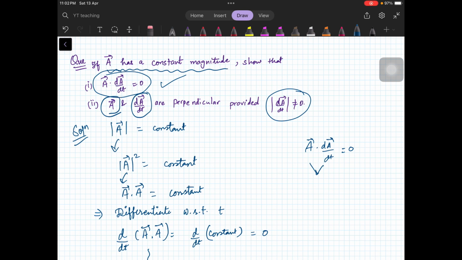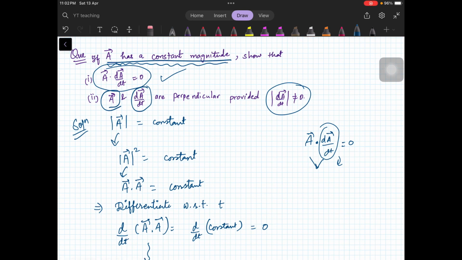Here for sure A has a constant magnitude, so we assume that it is not 0. So they are perpendicular if dA by dt is non-zero, because if dA by dt is 0, then we are not sure that the angle between them is 90 degrees. But if dA by dt is non-zero, then we are sure that the angle between them is 90 degrees.